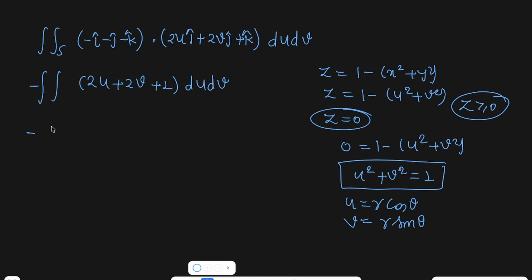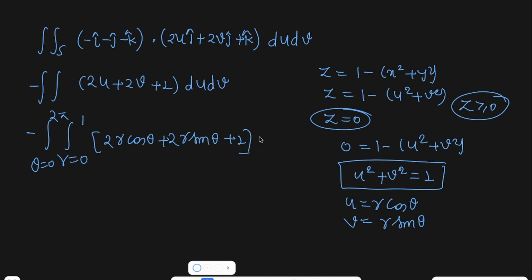So simply you apply here. r is going to be 0 to 1, theta is going to be 0 to 2 pi, u is r cos theta, so it will be 2r cos theta, and it is 2r sin theta plus 1, and du dv will be r dr d theta.